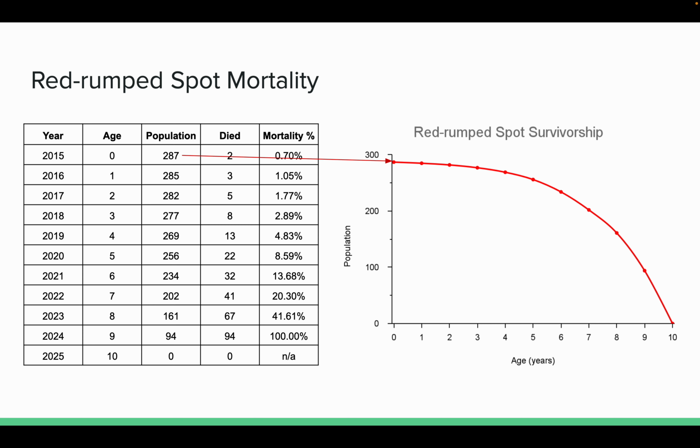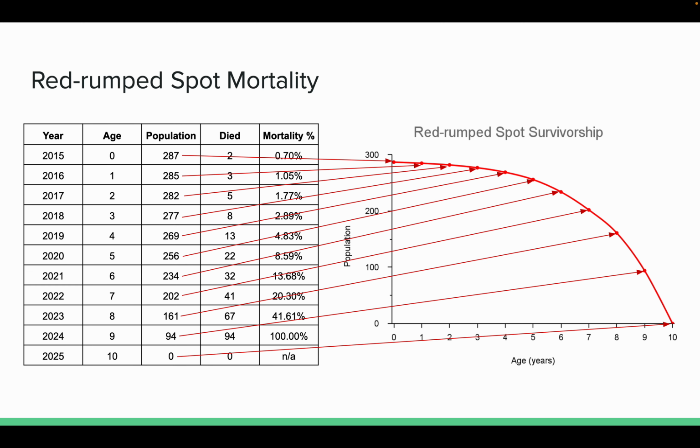So essentially what we've got here is we're plotting this population size at each of the subsequent years. So 287, and then we've got 285 at 1 year, 282, and so on. So that is how we're plotting out this curve.